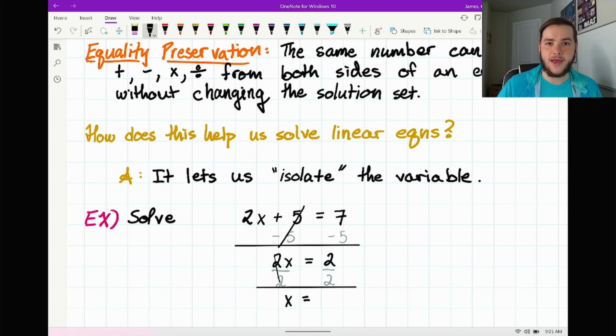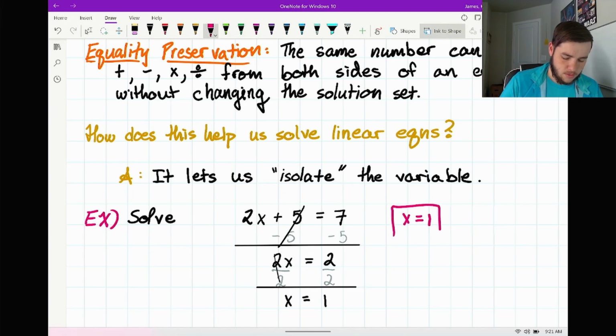On the right side, I can combine my like terms, and 2 divided by 2 is 1. Notice by isolating x, I can just read off the answer. X equals 1. So x equals 1 would be the solution to this equation.